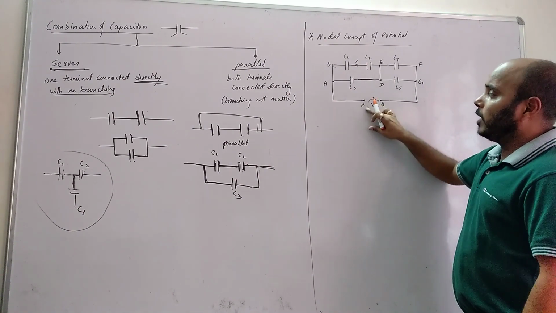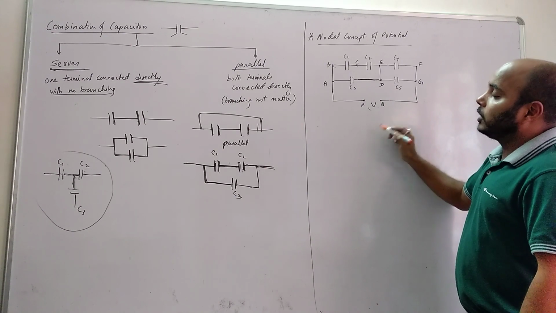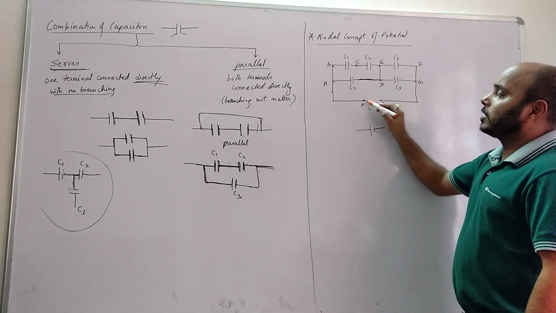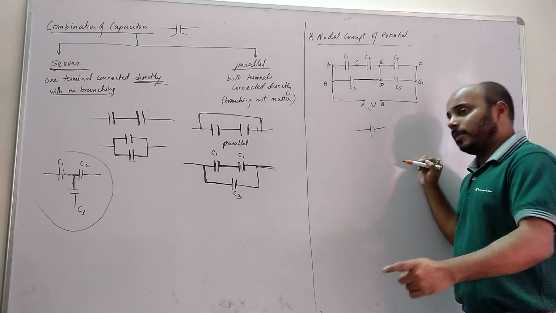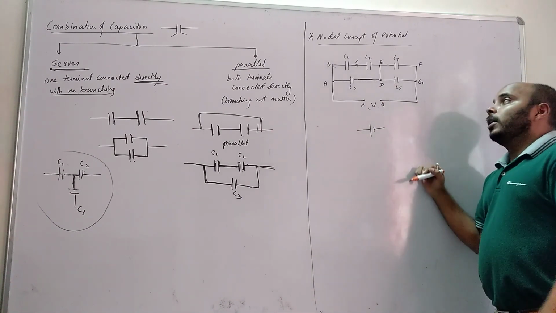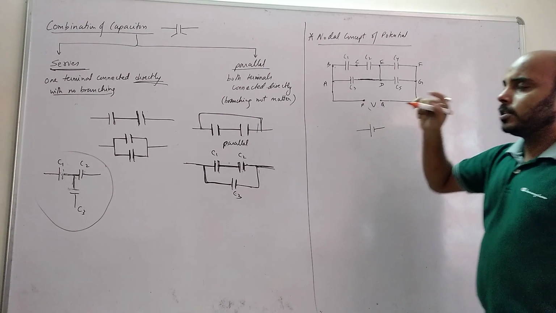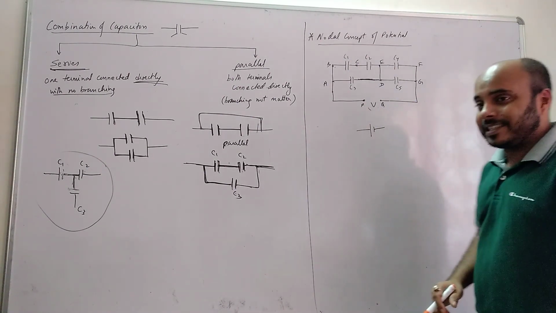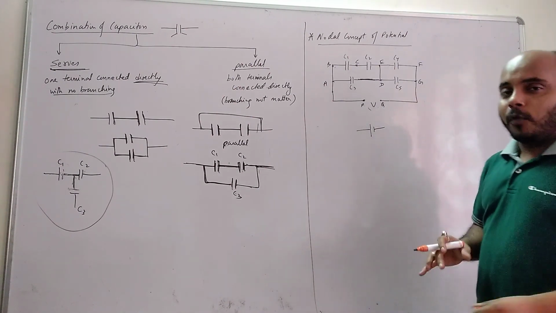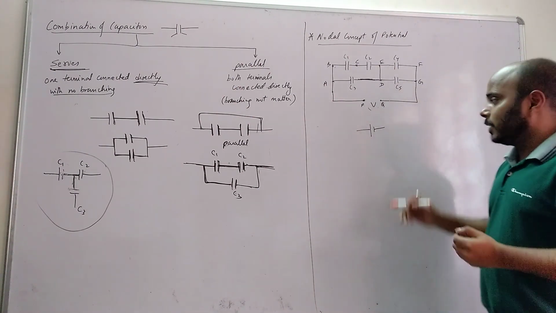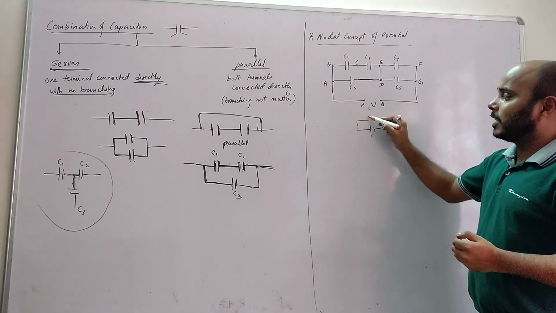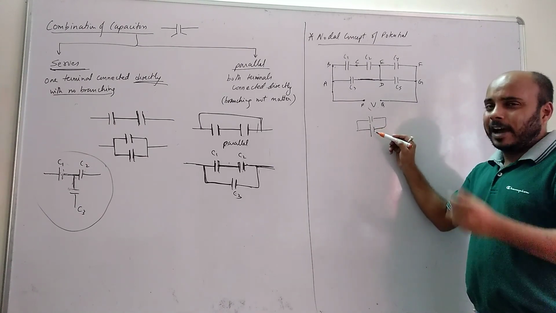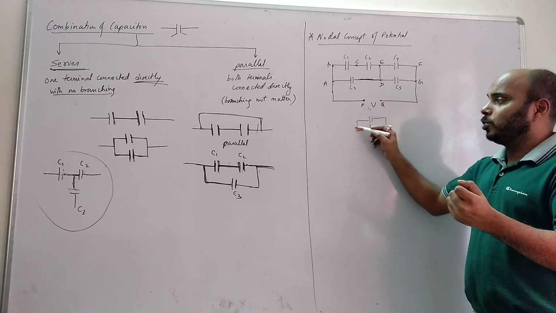Now see here, a very important part. I did not connect a battery or a cell here. I said just the potential will be applied. Why? There is a reason behind it. You will study this in the alternating current chapter, AC, very nicely. For the time being, just remember a small part: whenever a capacitor is connected with a battery, after a few seconds there is no current.